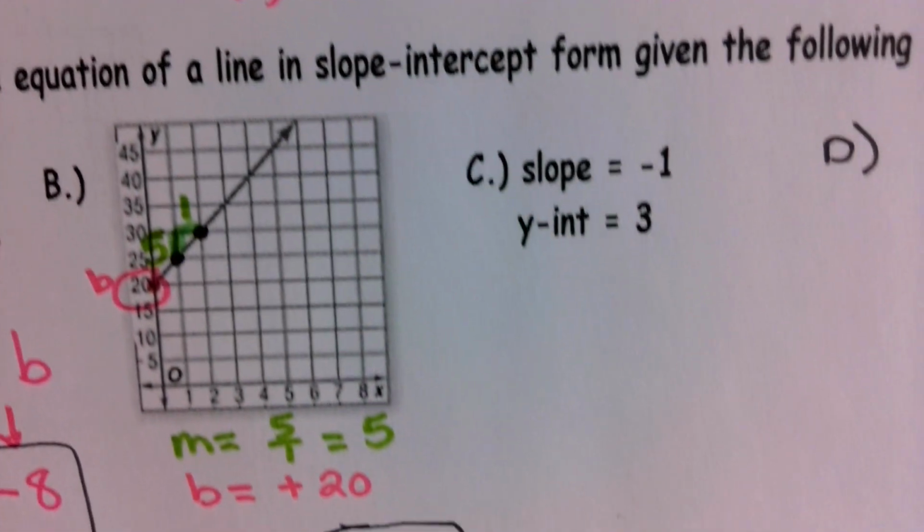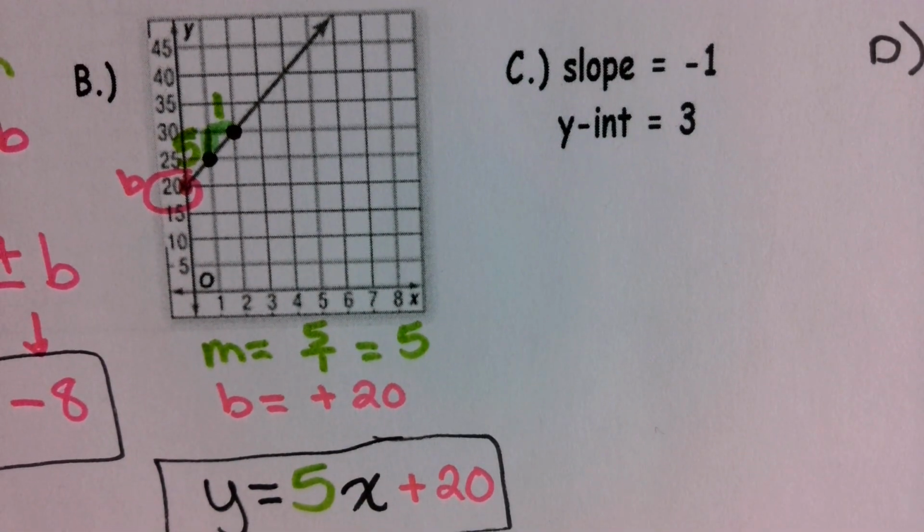Are you not paying attention? Okay, you got to make sure you're paying attention. I'm tired too, dude. Pay attention, please. What is the slope-intercept form? Zachary, y equals mx plus b. Identify your m, identify your b, and plug it into the formula. That's it.